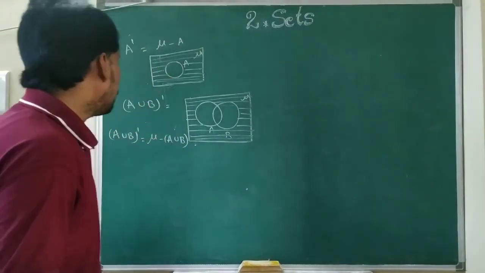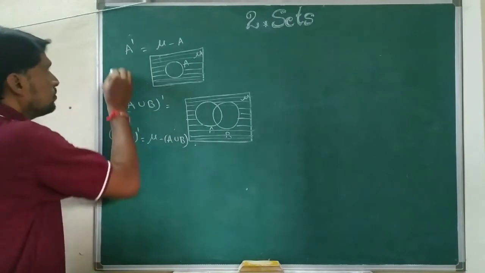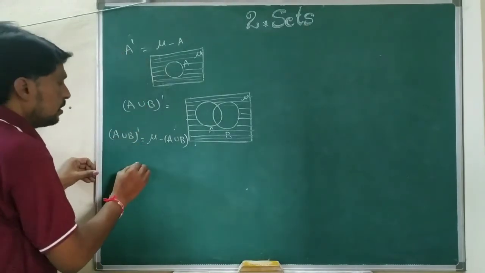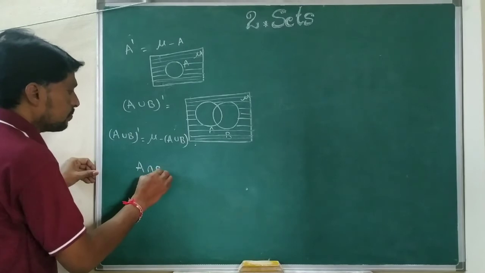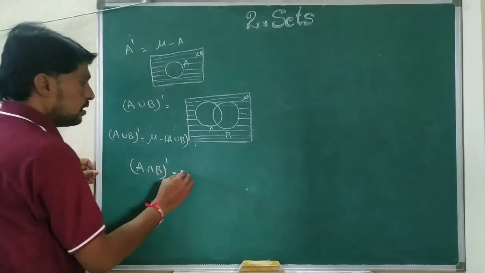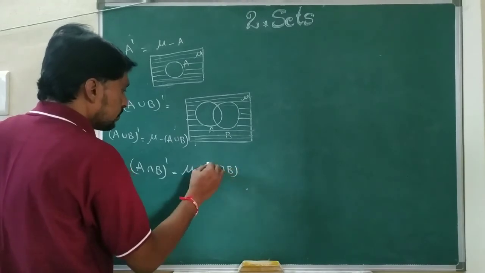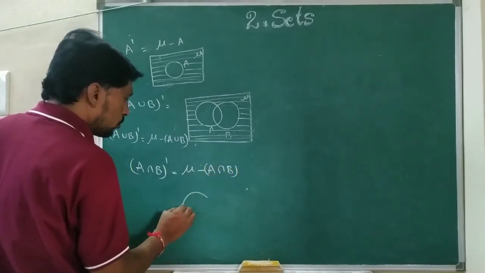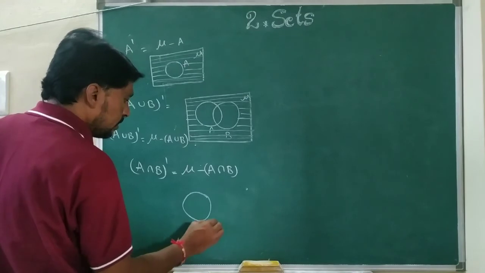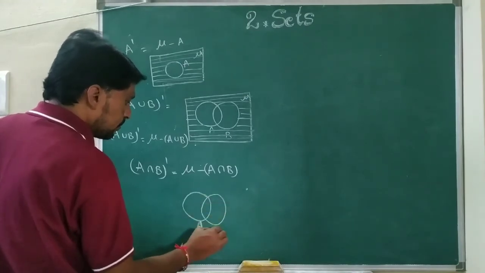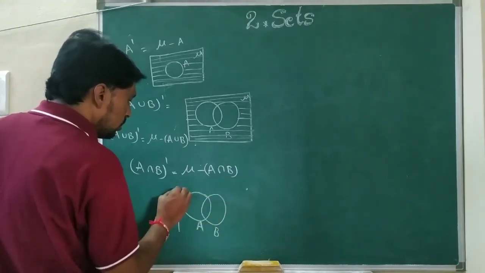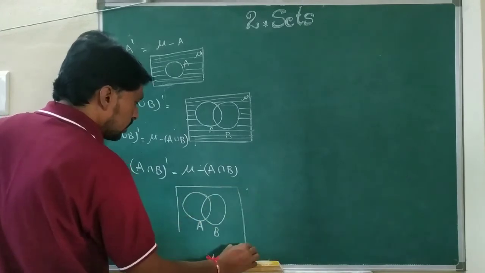Next one is A intersection B whole complement. What is the formula? Mu minus A intersection B. Here you have to take two sets: this is the set A, this is the set B. What is the common area of both sets?